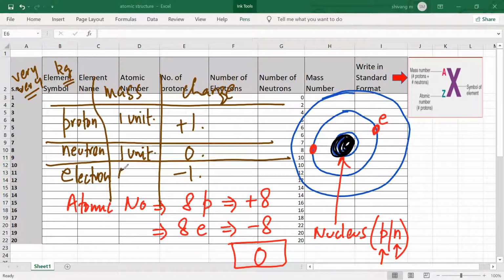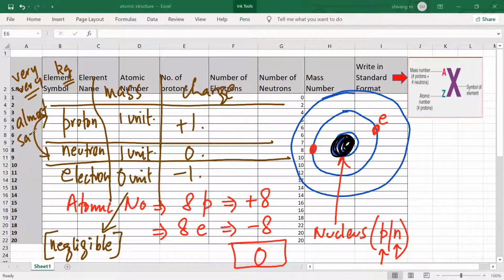Are we clear about this? Yes, sir. And the electron has no or negligible mass. Are we clear about this? Yes, sir. See, it is not 0, but it is considered to be negligible. And the mass of proton and neutron is assumed to be almost the same. Any doubt till here? No, sir.